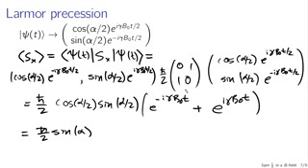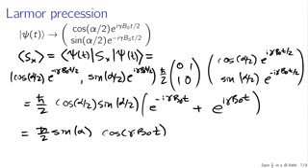And the expression here, if you expand out the complex exponential as a cosine plus an I sine, you'll find that the sines cancel out. And we're just going to be left with cosine of gamma b0 t. So this is our expression for the time evolution of the x component of the spin angular momentum.